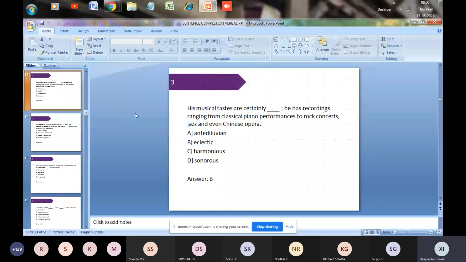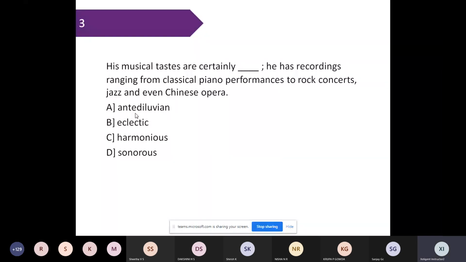Option B is the correct answer. Now, if you take the first option, antediluvian. Antediluvian means it's old-fashioned or outdated. That's antediluvian.